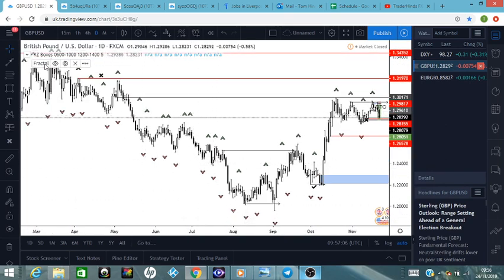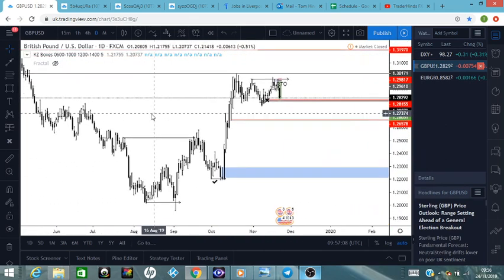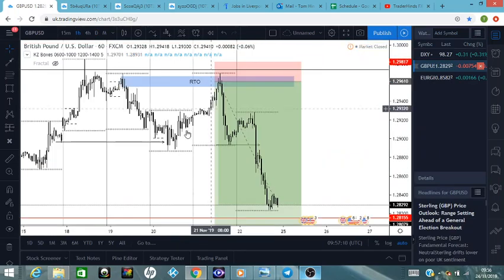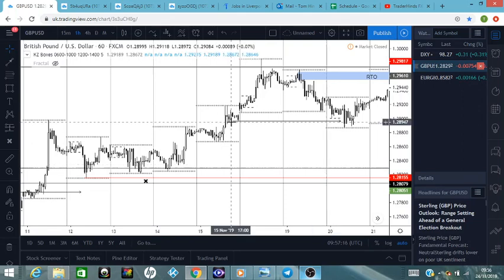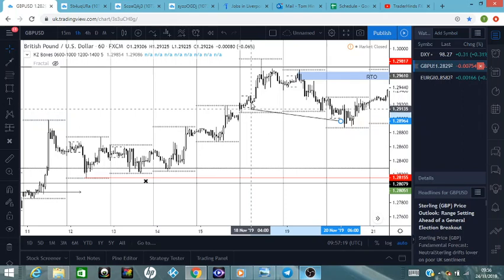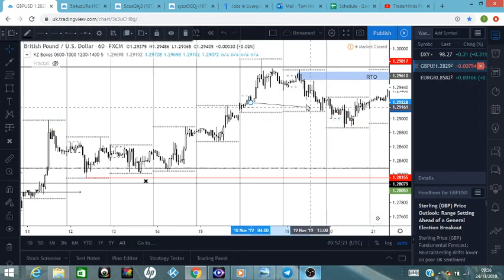So let's just get rid of that. Now if I go into a 1 hour chart, before that even happened, I marked out a 4 hour market structure break as well as the original hourly market structure break, which I believed happened at this level.